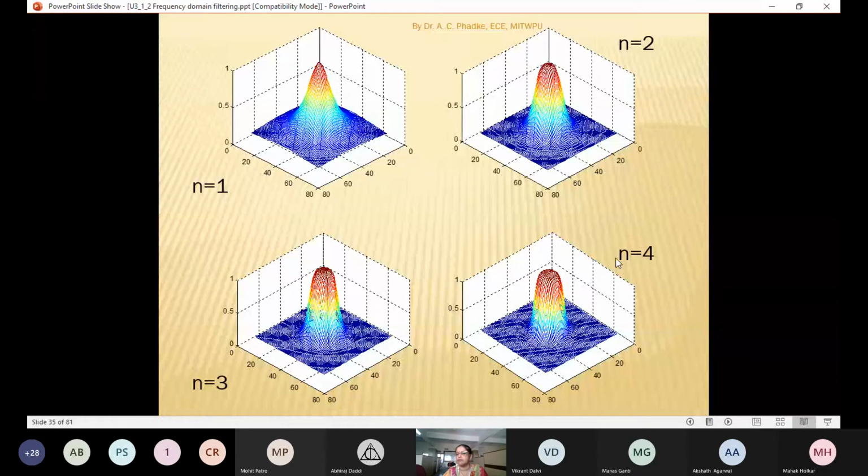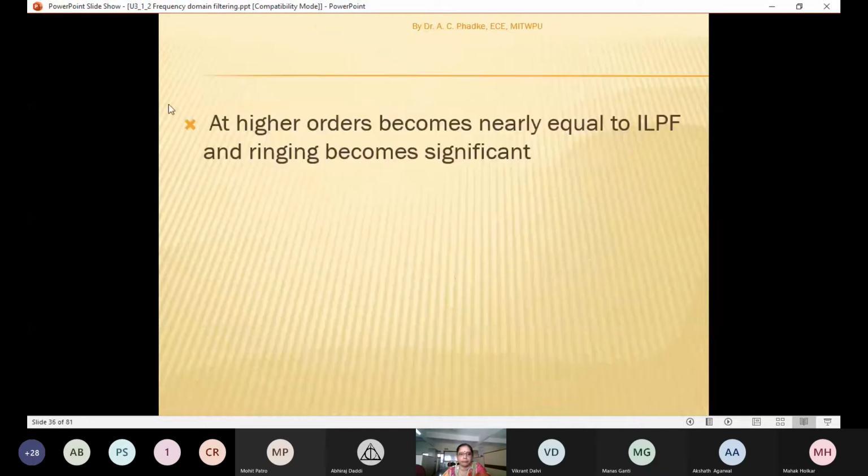And when we use very high order, it becomes almost like ideal filter, and again it gives ringing effect. If we make the order more than 4, it becomes sharper and sharper, and it approaches the ideal filter and gives ringing effect. So at higher orders, it becomes nearly equal to ideal low pass filter, and again ringing becomes significant.